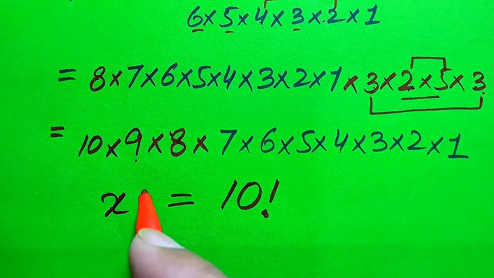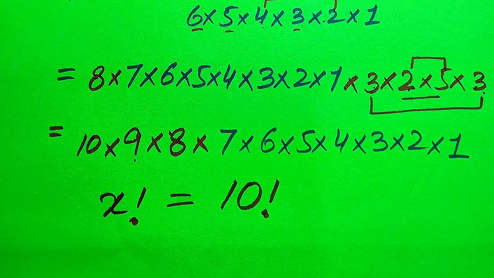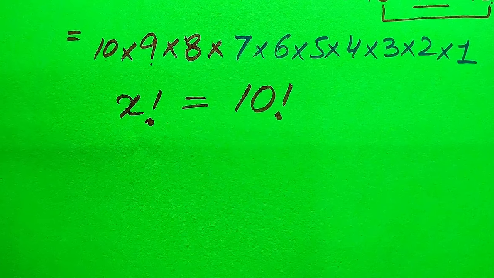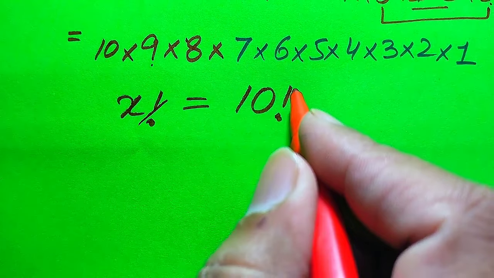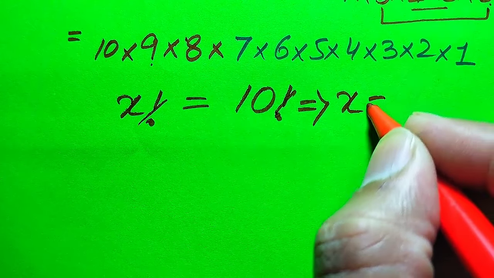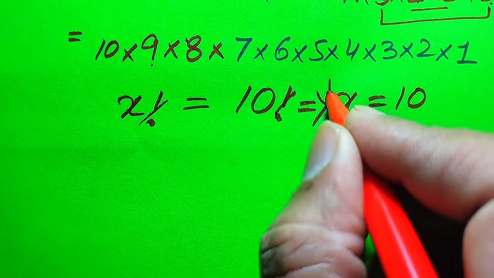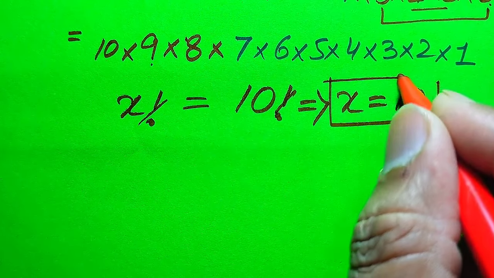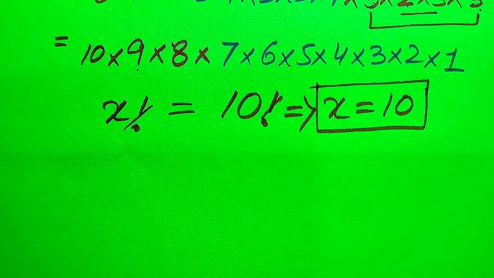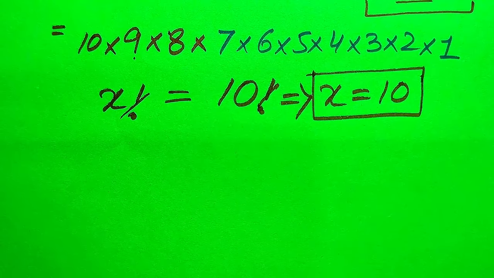And in the left hand side we have x factorial. Because our target is to find the value of x, the factorial sign is cancelled out by this factorial sign, and this implies that we easily get x equals 10. So this is the only root of the given equation.